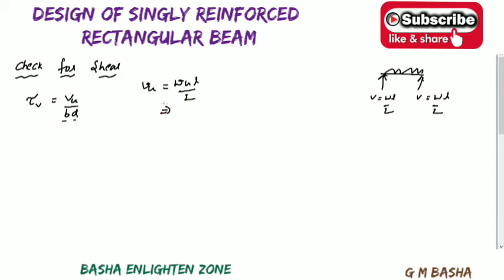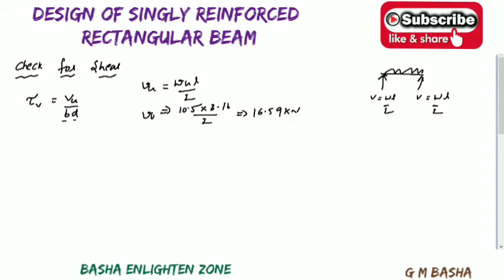So already we know what is W into U value, that is 10.5 into, what about the effective span? So the effective span will be 3.16 divided by 2. So if you find out this one, you will get Vu will be equal to 16.59 kilonewtons.